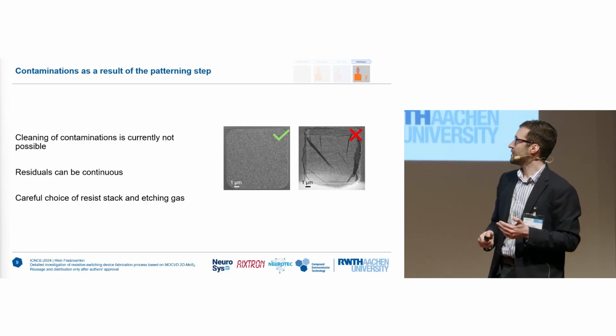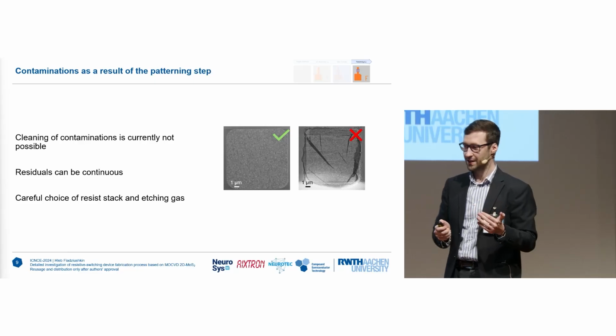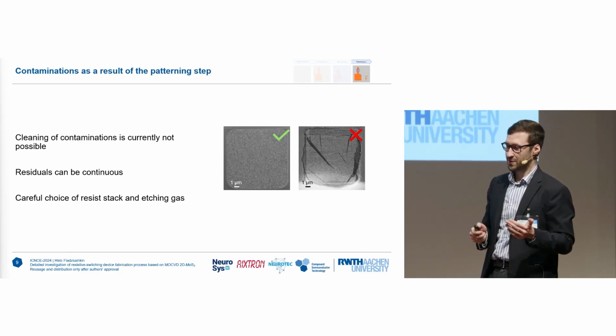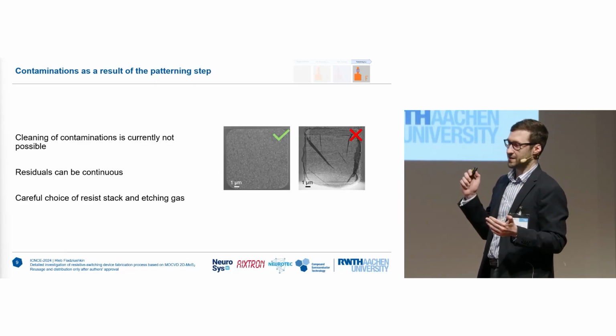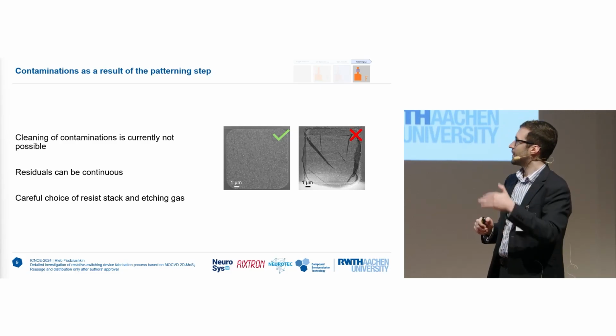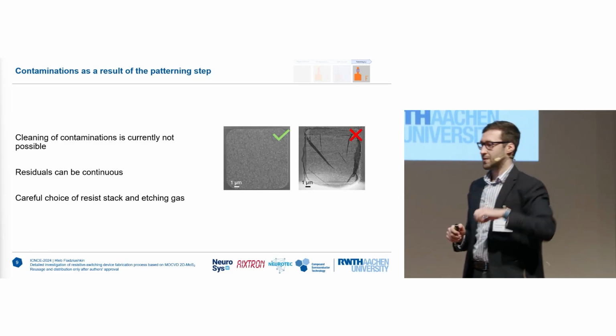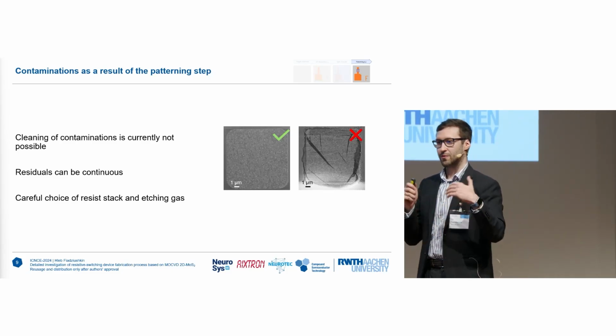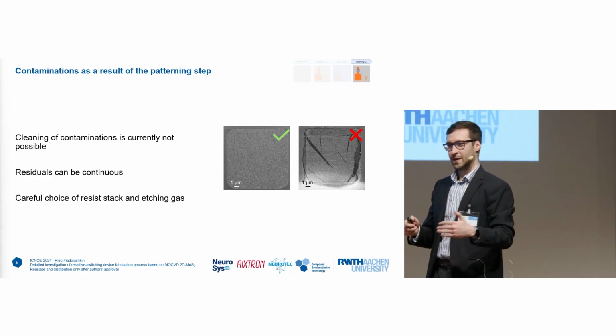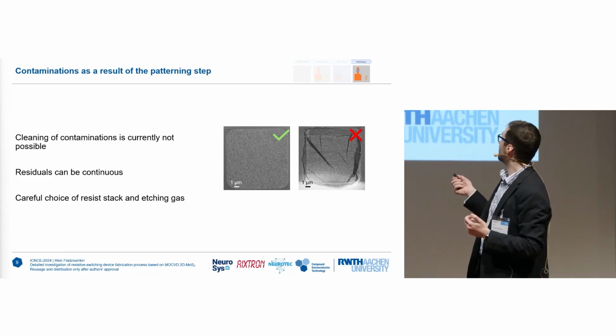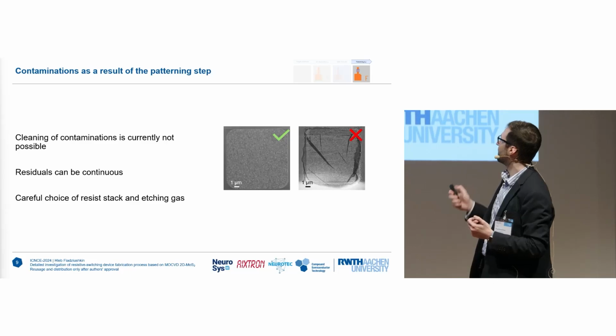What makes the matter worse is that these residuals can be continuous. One of the common steps where it happens is the patterning step, where the protective layer with which we cover the area where we would like the material to stay leaves continuous residues, as you can see on the right.